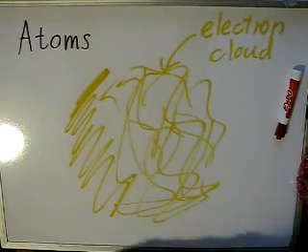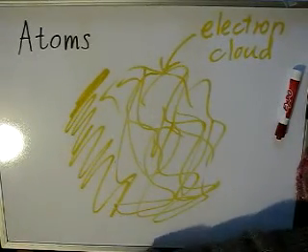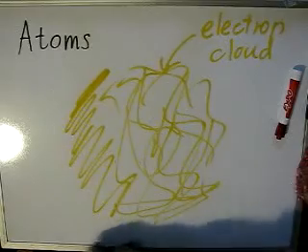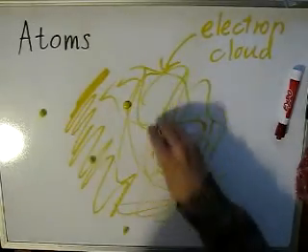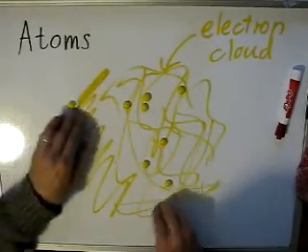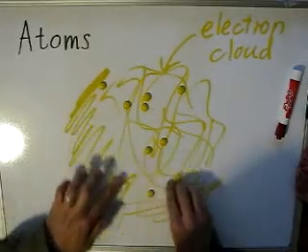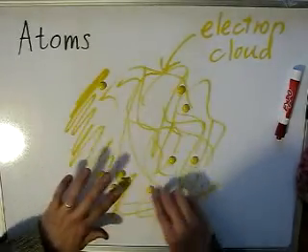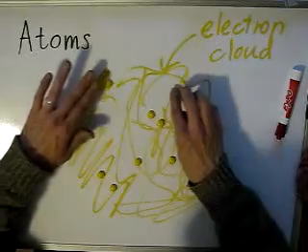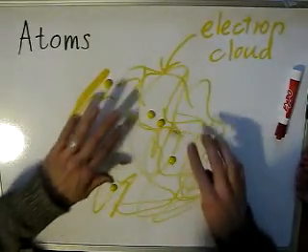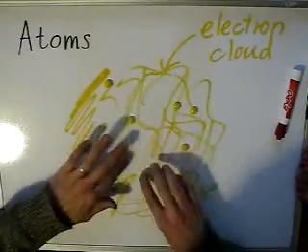The electron cloud is just composed of electrons. You can think of it as a bunch of electrons that are wandering around, and they're all kind of whizzing around in various different directions. They're all clustered around here. They don't go flying off completely on their own, though.